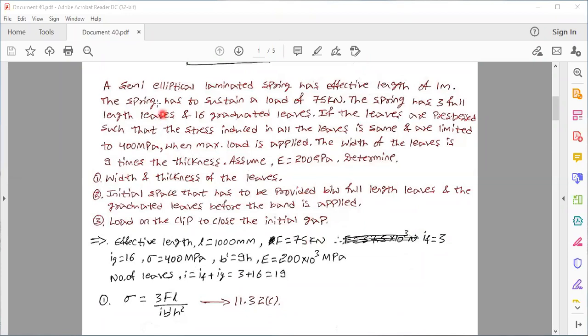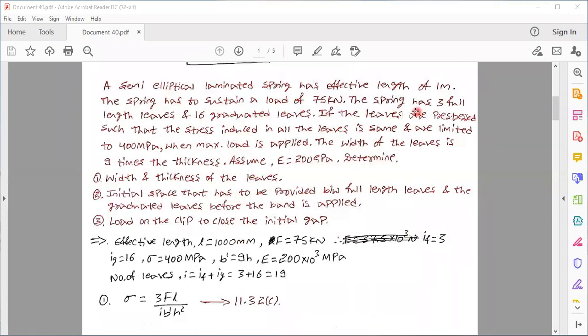In this semi-elliptical laminated spring, full length leaves will be there and graduated leaves will be there. Full length leaves are denoted by IF, and graduated leaves are denoted by IG.